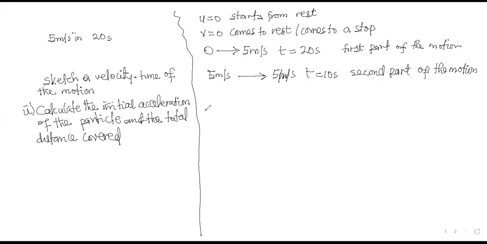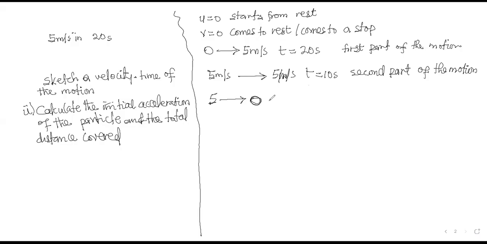All right, then the third part, and then decelerates to rest in a further 10 seconds. So this final velocity of 5 in the second part of motion reduces gradually. When the final velocity is 0, the body is said to have come to a stop.